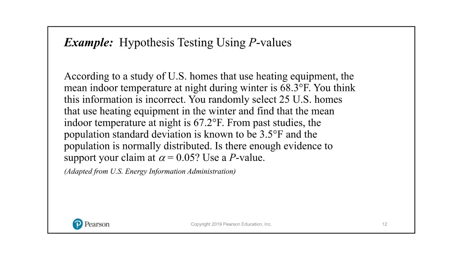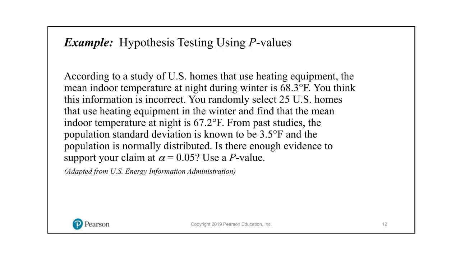You randomly select 25 U.S. homes that use heating equipment in the winter and find the mean indoor temperature is 67.2 degrees Fahrenheit. From past studies, population standard deviation is known to be 3.5 degrees Fahrenheit, and the population is normally distributed. Is there enough evidence to support your claim at alpha equals 0.05? Use a p-value.